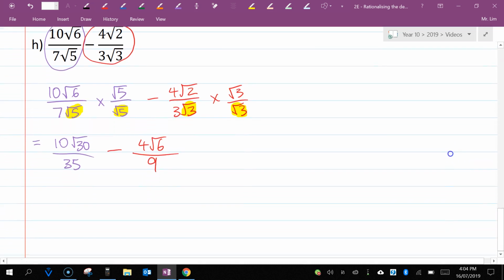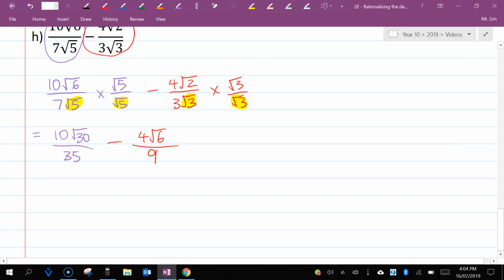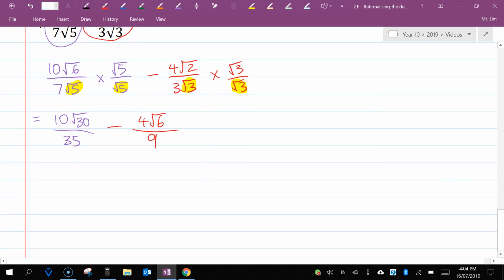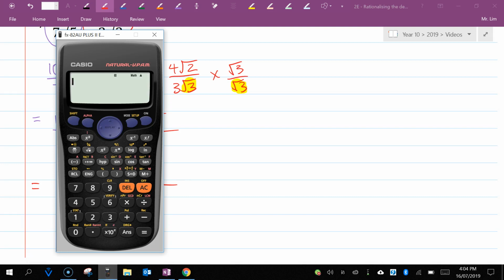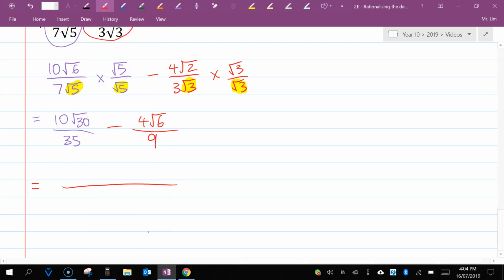Now, if you notice here, they do not have the same denominator. So we're going to make them have a common denominator. I'm just going to cross multiply. 35 times 9 is 315.